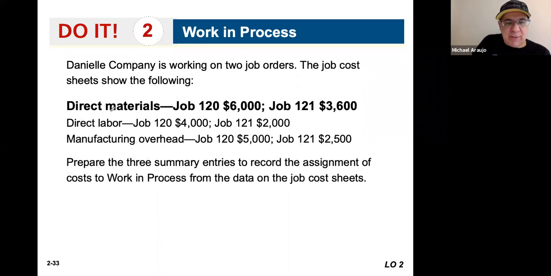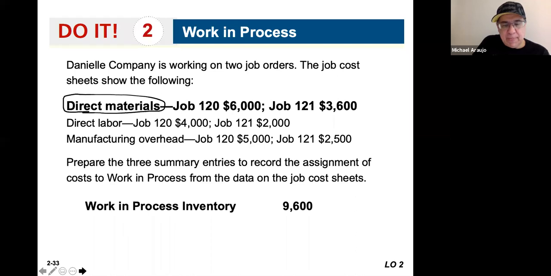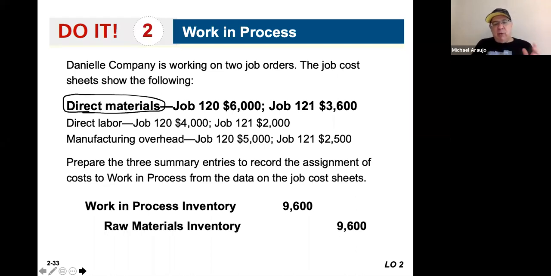For direct materials, we have $6,000 for job 120, and $3,600 for job 121. So how much of direct materials are being used in work in process? We have to add both of those up, so we have work in process inventory with the debit of $9,600.